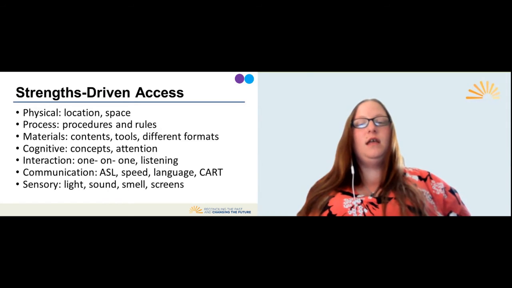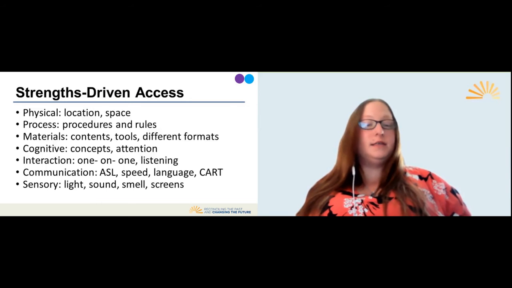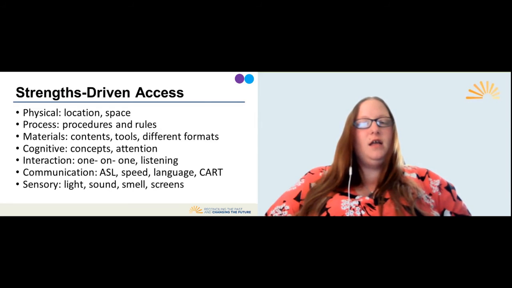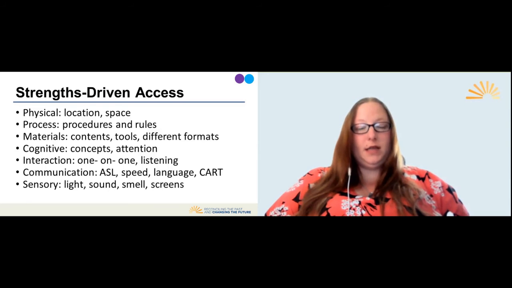So having accessibility like CART, language, and speed, and also ASL for people, just having that accessibility available, like how Zoom has captions and stuff like that. That is so helpful for some people with disabilities, and having the time and the patience when using that kind of stuff.